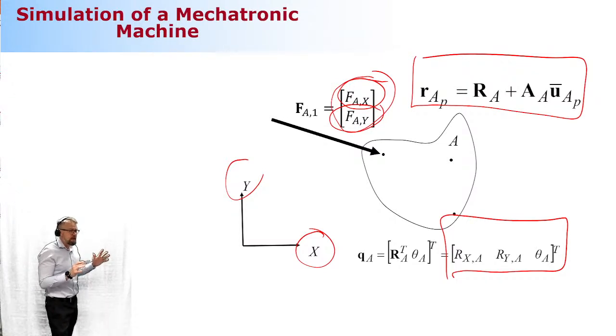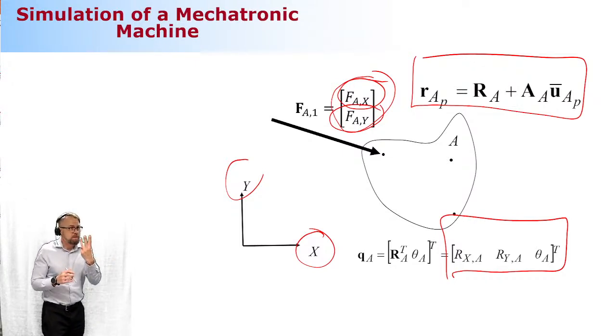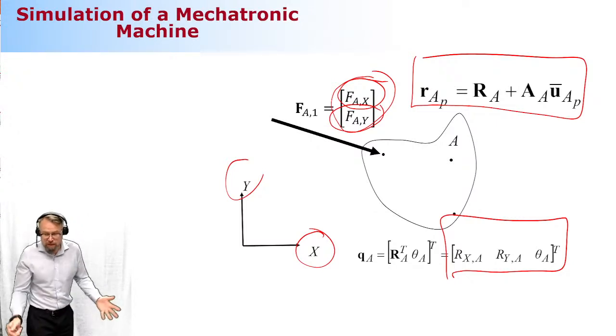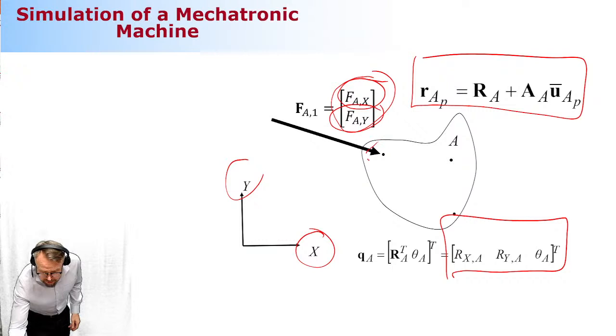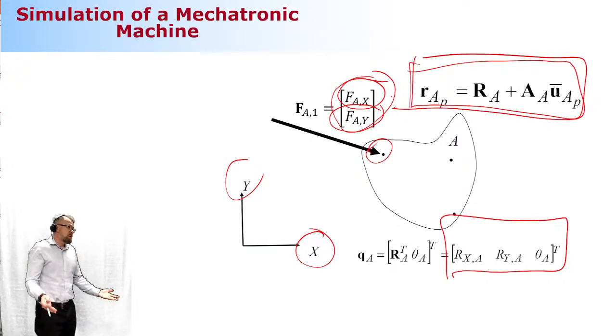And the mapping I'm able to conduct by using a concept of virtual displacement, virtual work to be more specific. So that's going to be my target, to get from 2 components to 3 components. So that's what's going to happen. All right. And then I know that this point where the force is applied can be defined by this kinematic equation. So it's not too complicated.